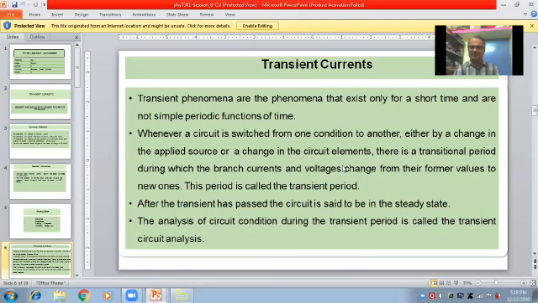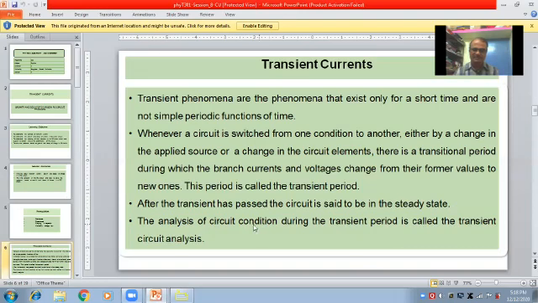Once the capacitor is charged, the current reaches a steady level and things become normal. That is why, after the transient has passed, the circuit is said to be in the steady state. That means once the capacitor stores charges to its maximum value, a normal constant current will be flowing in the circuit. That condition is called the steady state.